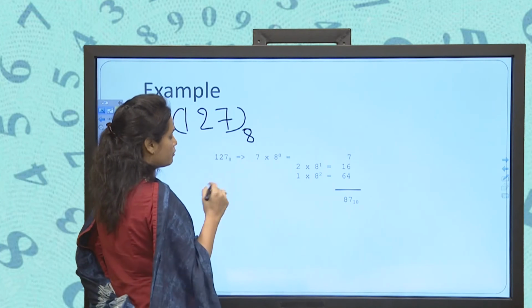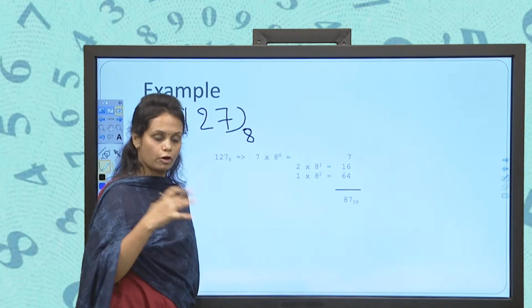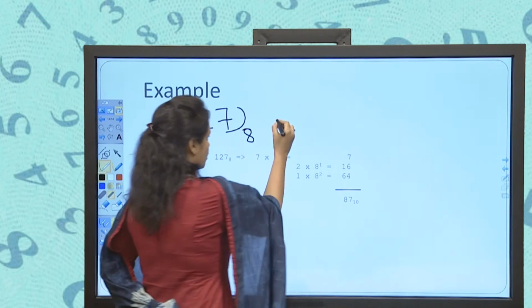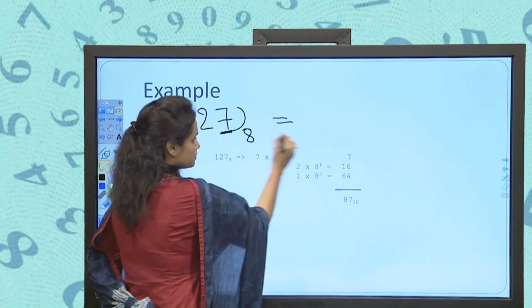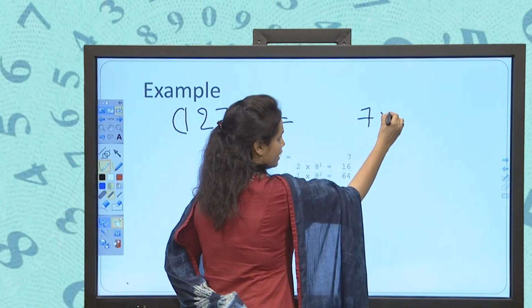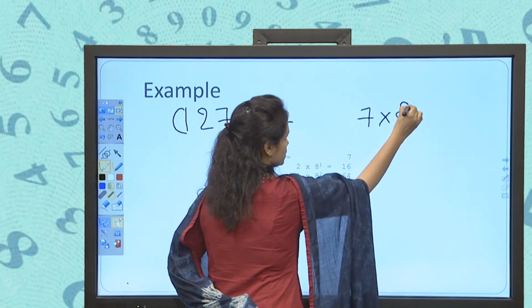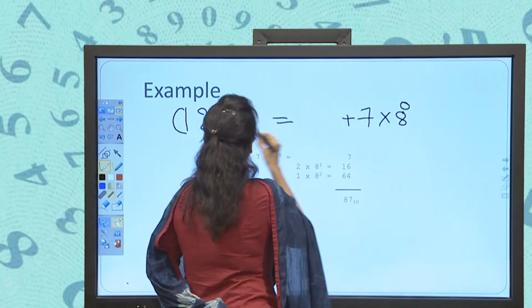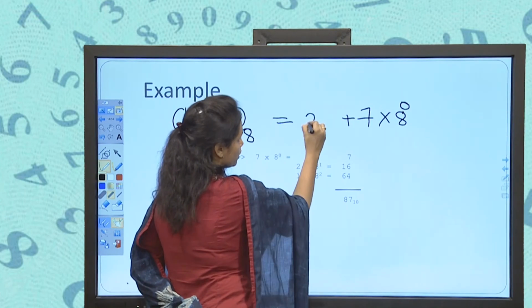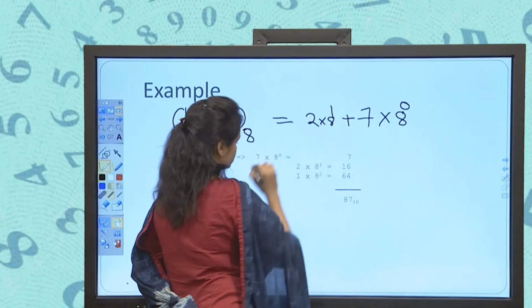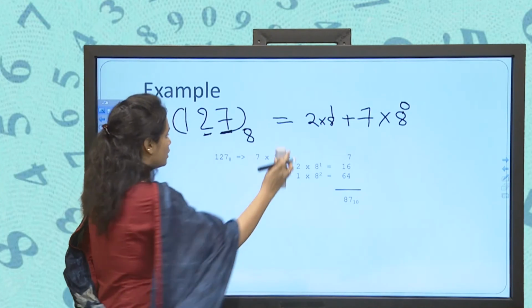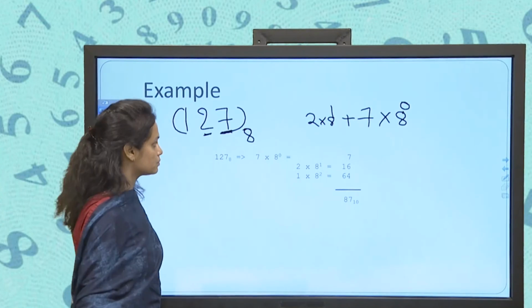Again we will follow the same procedure. We start from the rightmost digit: 7 into 8 raised to 0, plus 2 into 8 raised to 1, plus 1 into 8 raised to 2.